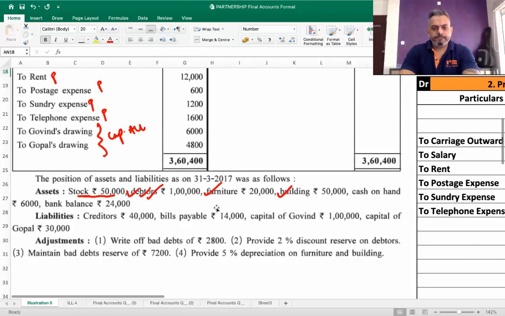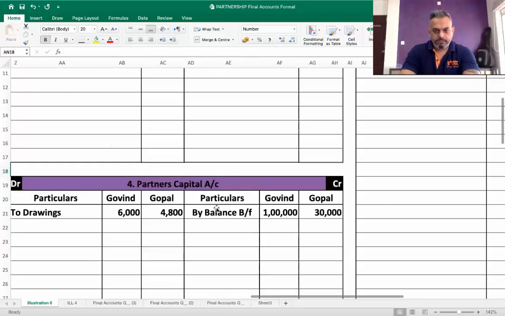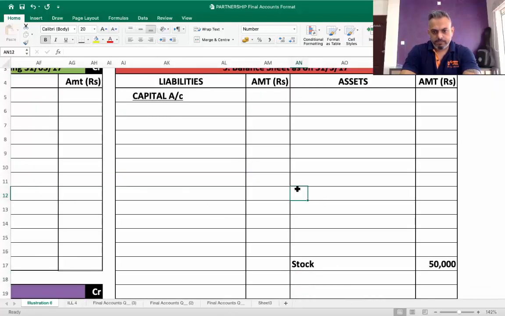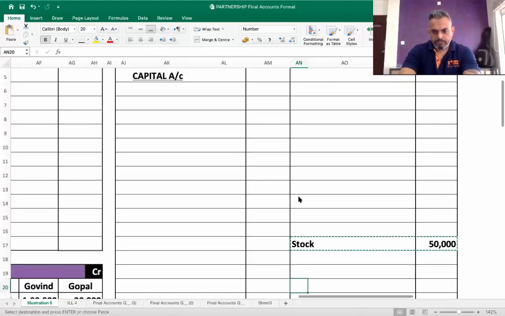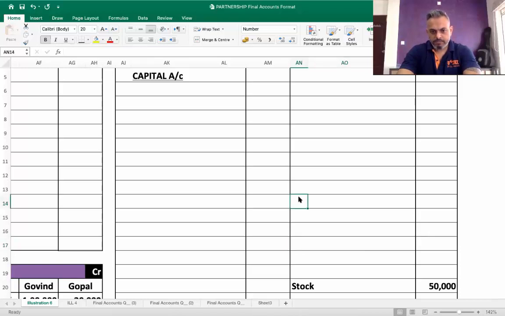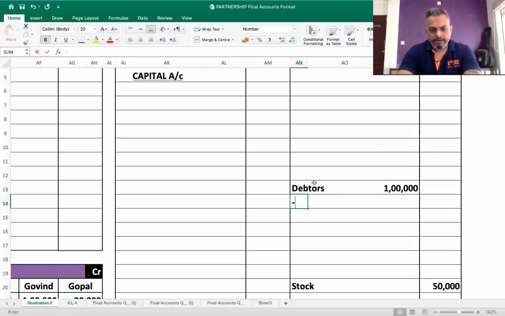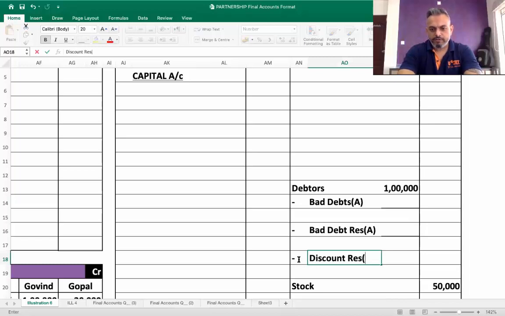Debtors 1 lakh, minus bad debts as per adjustment, bad debt reserve as per adjustment, discount reserve as per adjustment.